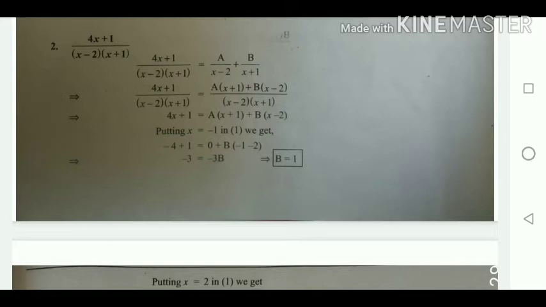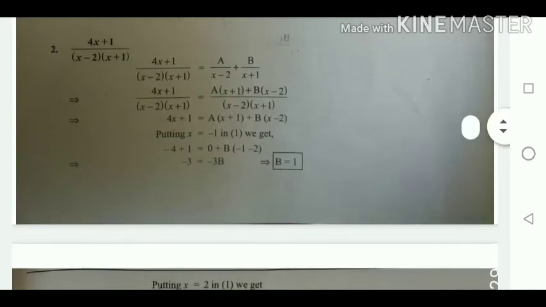Putting x equal to minus 1 in equation 1, we get 4 into minus 1 plus 1, that is minus 4 plus 1, equal to: if you give x equal to minus 1, the a term becomes 0 because minus 1 plus 1 becomes 0. Then b into minus 1 minus 2, which is minus 3, so minus 3b equal to minus 3, b equal to minus 3 by minus 3, we are getting 1.